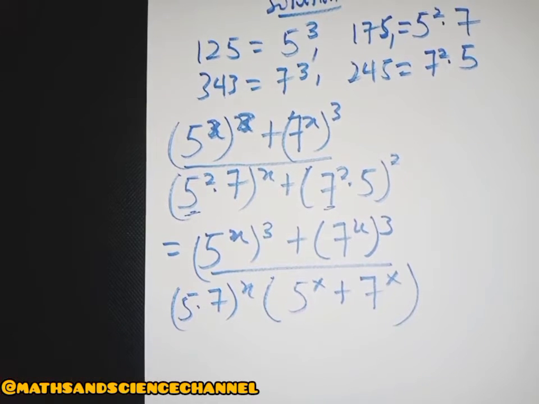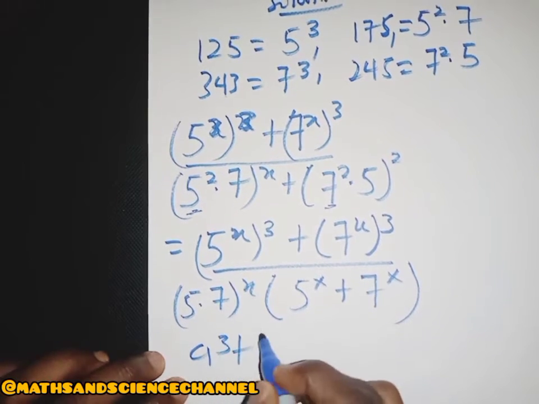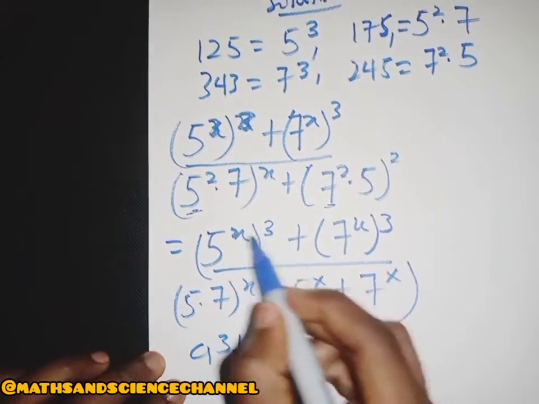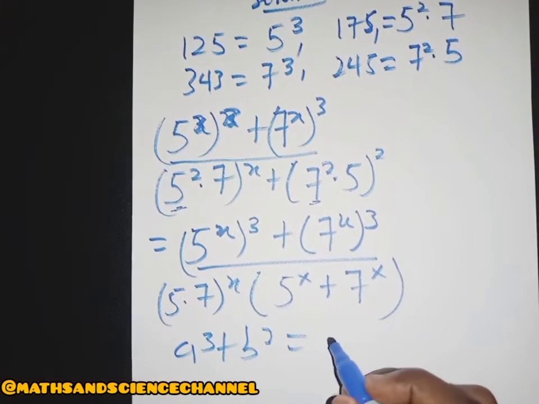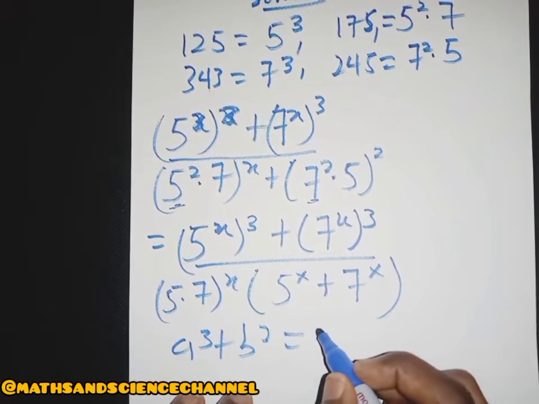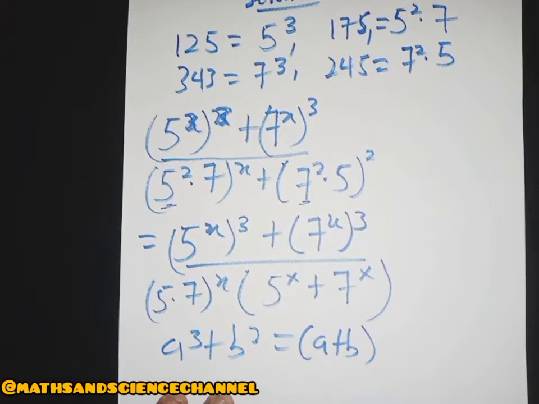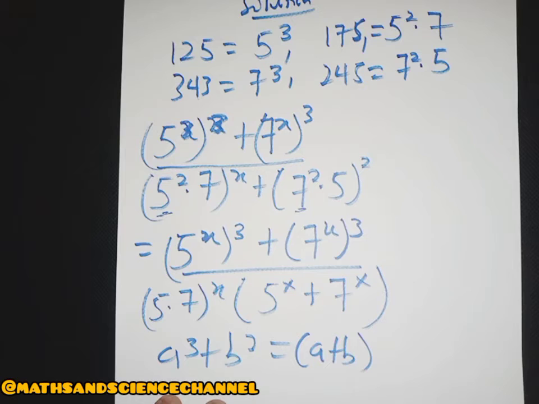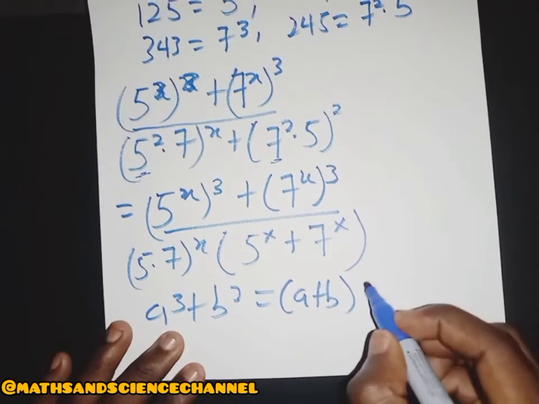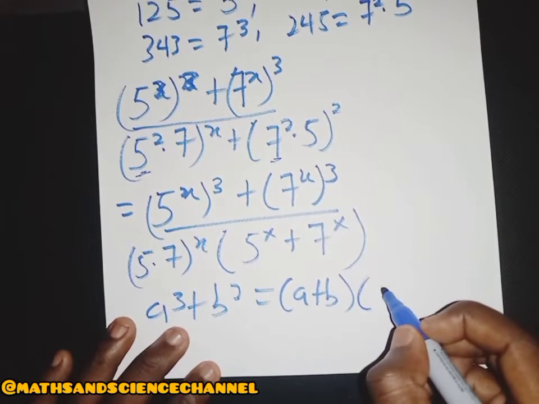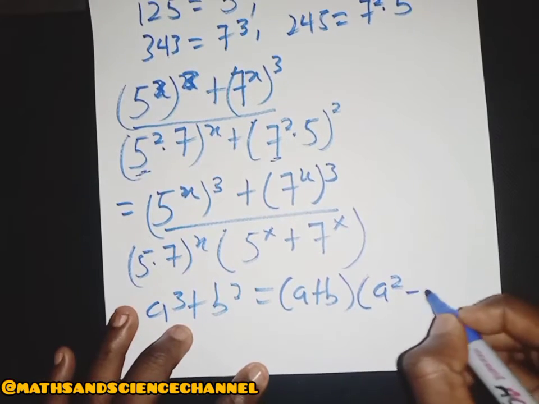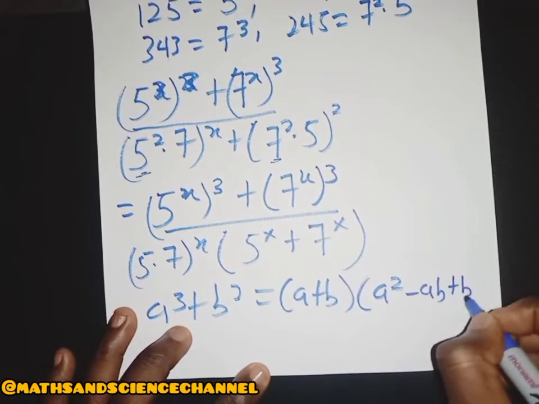Good. Now from here we are just going to use another property. When you have a cube plus b cube, because our exponent is to the power cube, a cube plus b cube is just going to give us (a plus b) times (a squared minus ab plus b squared).